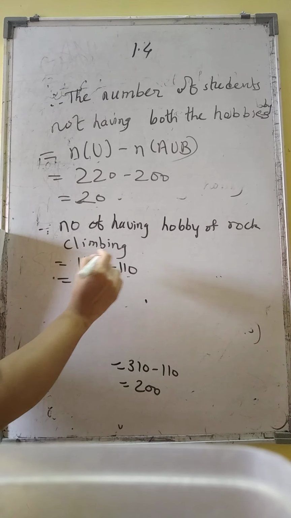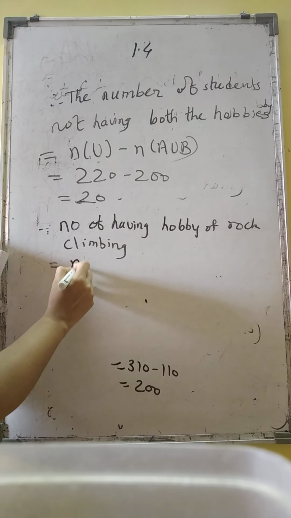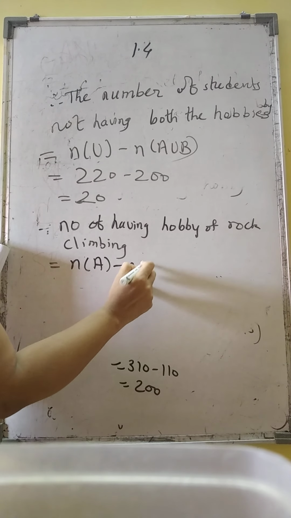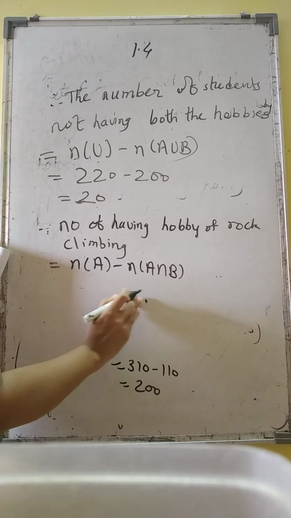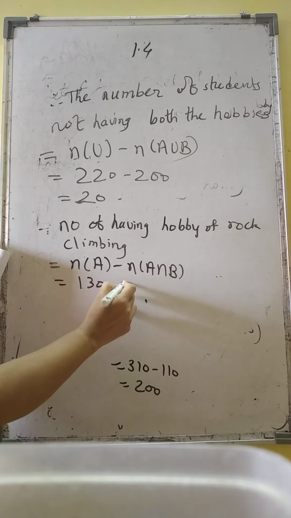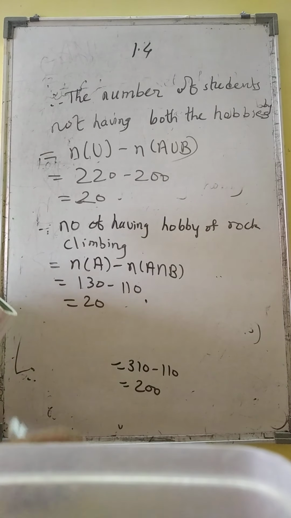We will write it in formula also. I forgot, wait. It's N of A minus N of A intersection B. That is 130 minus 110, which comes out to be 20.